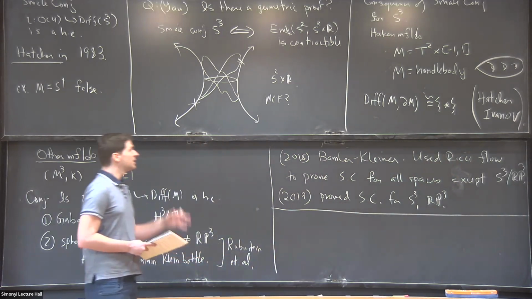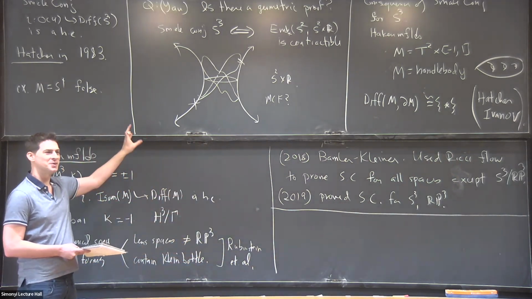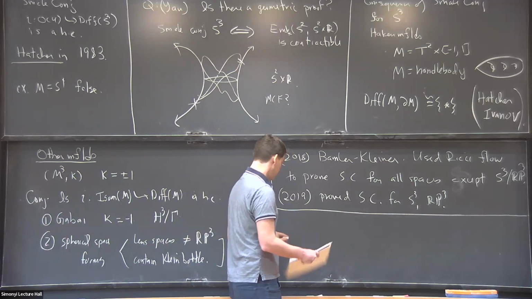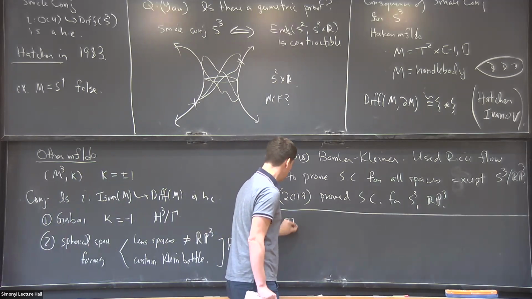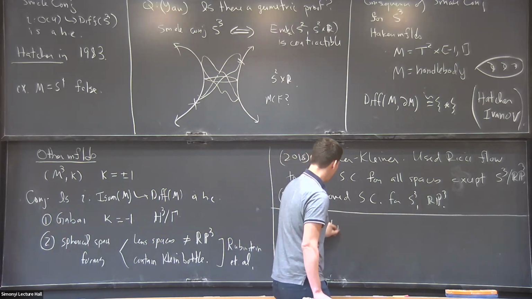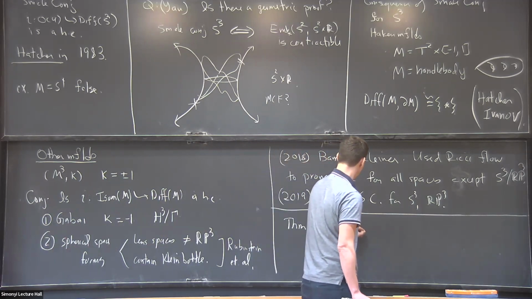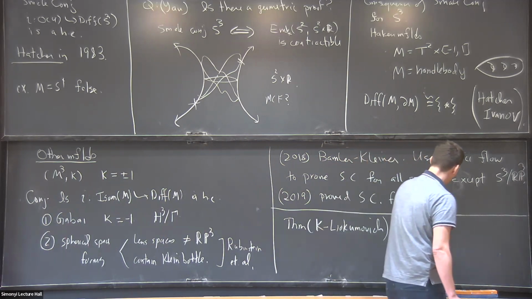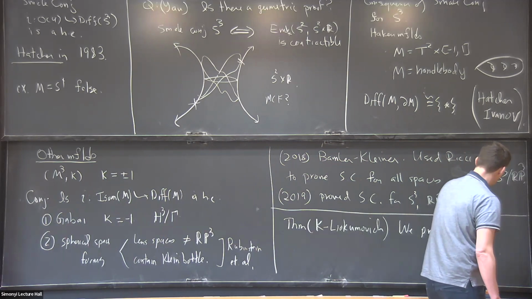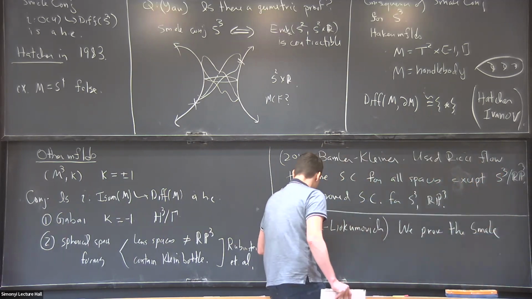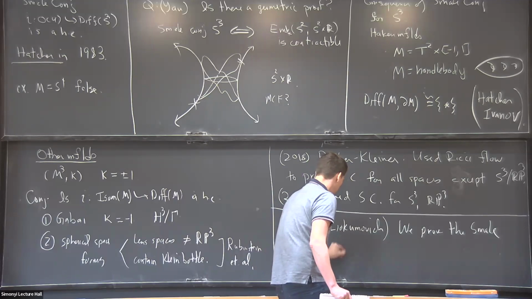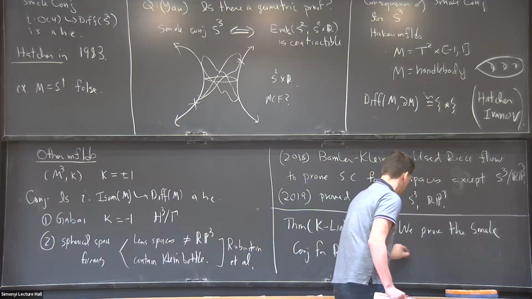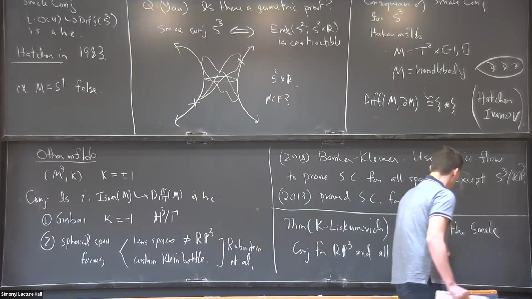But I'm not a Ricci flow person, I'm a minimal surface person. And so it has always been a question whether you can use minimal surfaces to obtain the same result. So the theorem I want to talk about is with Yevgeny Liokumovich. We prove the Smale conjecture for RP3 and all lens spaces, using minimal surfaces.